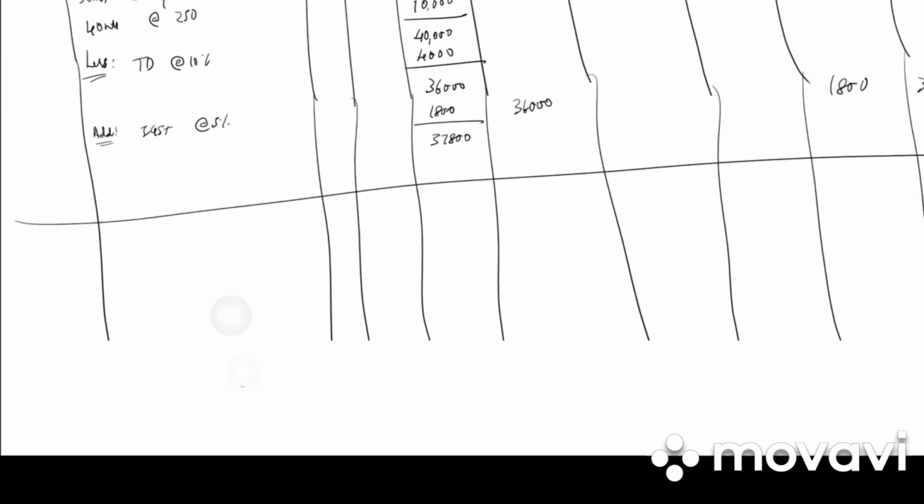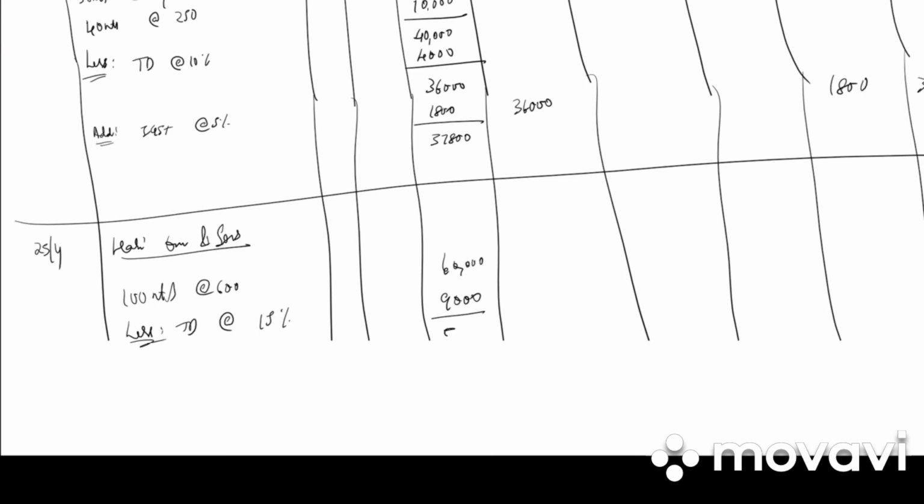And then we have the last entry of 25th April. Hariom and Sons, Gujarat. Under that we have 100 meter of cloth at 600 per meter, so 60,000. Less trade discount at 15%, so it will be 9,000. Total is 51,000. Add IGST at 5%, 2,550.